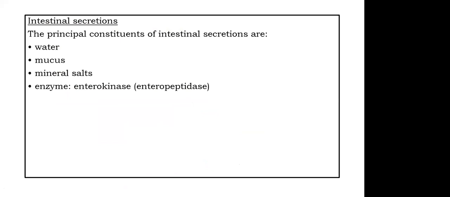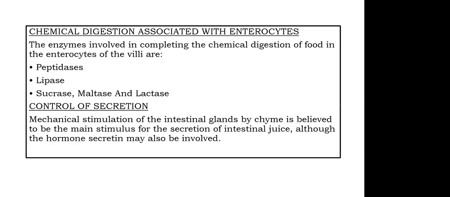And digestion of carbohydrates, proteins, and fat is completed by direct contact between these nutrients and the microvilli within the enterocytes. And what are the enzymes that are involved in completing this chemical digestion of food in the enterocytes? They are peptidases, lipase, sucrase, maltase, and lactase.